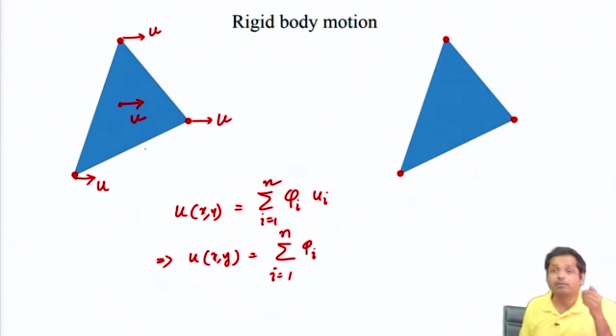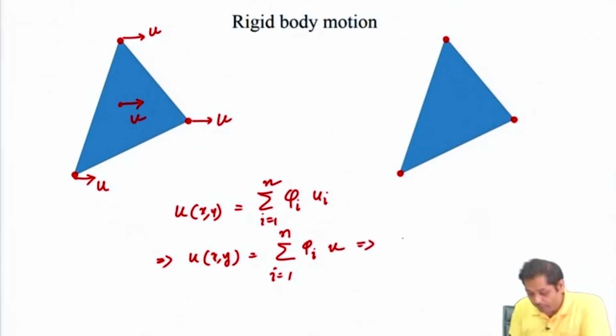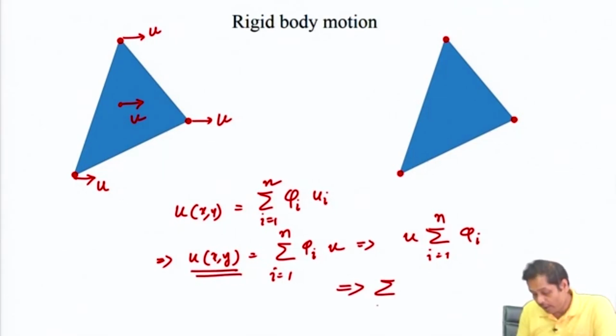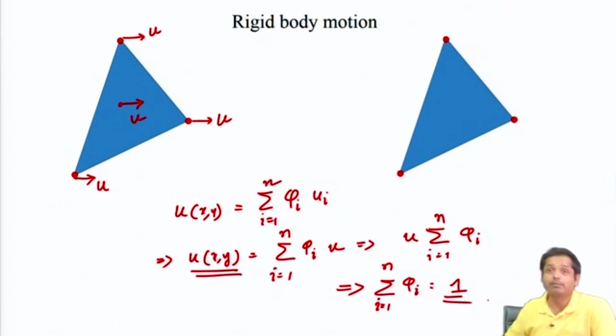At all the nodes 1, 2, 3, the value is constant, so this gives u times the summation of phi I, and at any arbitrary point it is also u. So this clearly gives the summation of phi I from I equal to 1 to n equal to 1. This is our partition of unity property.